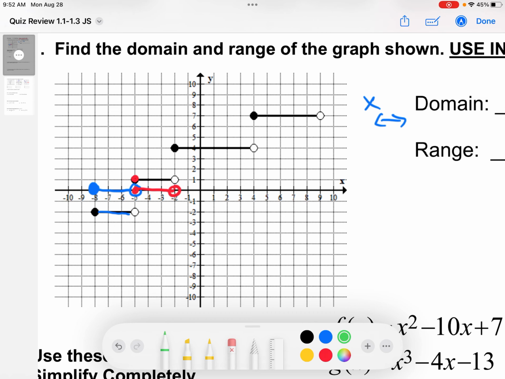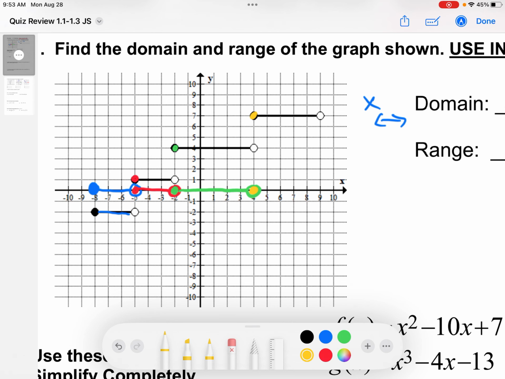And then the next piece starts with a solid dot at x equaling -2, so it fills in that x equals -2 space in the domain, so there is not a break in the domain at x equals -2. So this one goes across until there's an open circle at 4, and then the final step starts with a closed circle at 4.